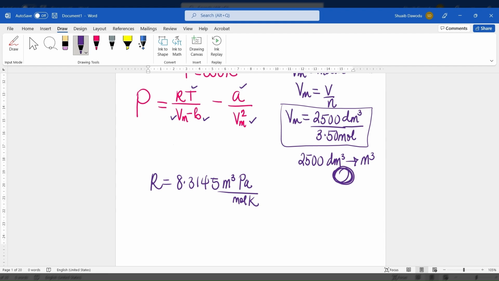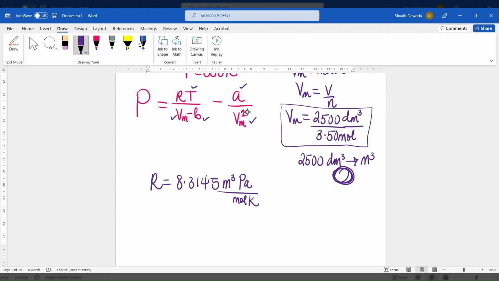Sometimes you can get the units to be kilopascal and dm cube, or liters and atmosphere. When you Google it, you're going to see that even though the value can only be 8.3145 or 0.08206, the units can vary depending on whatever you need in order to solve the question. So we need the 8.3145 meter cube Pascal.